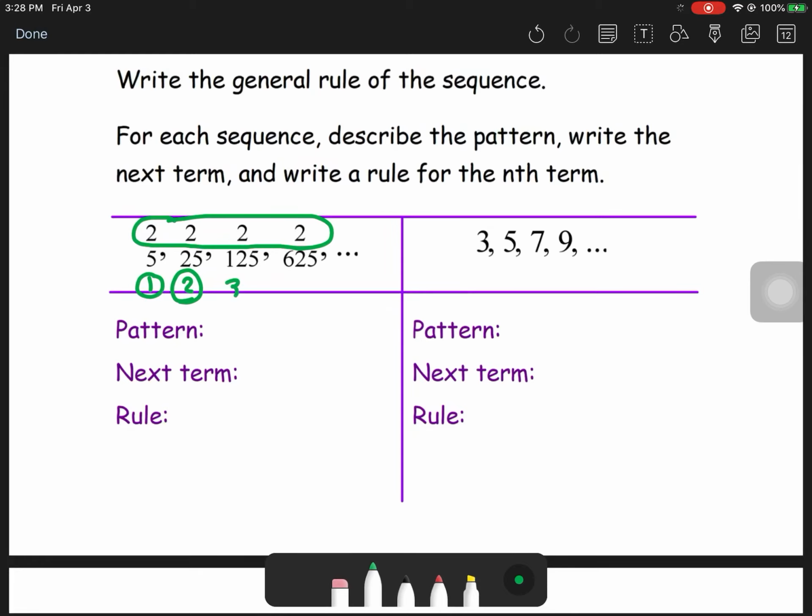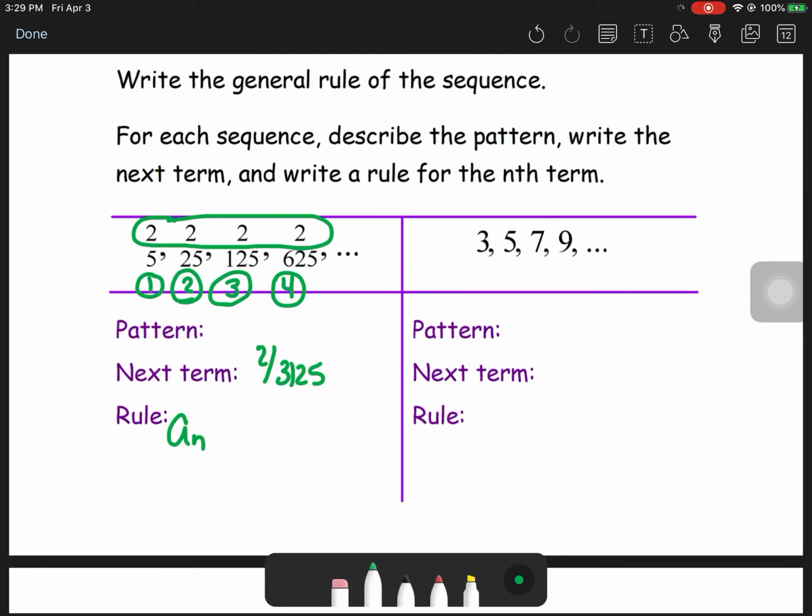And if you take a look at the pattern, I hope that you can see that we're going by 5s each time, but this one would be 5 to the first power, 5 to the second, 5 to the third, 5 to the fourth. And so if we want the next term, we're going to have 2 in the numerator, and then we have 5 to the fifth power in the bottom, which on the previous page was 3,125.